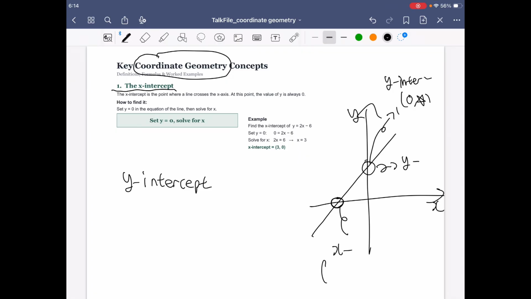When it comes to the x-intercept, the coordinates look like this: something, 0. Yeah, so that's the difference.